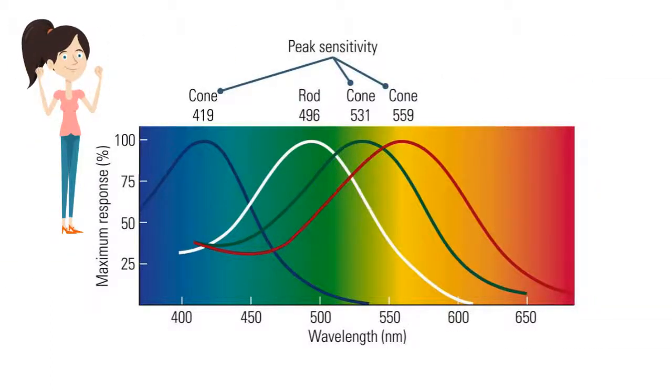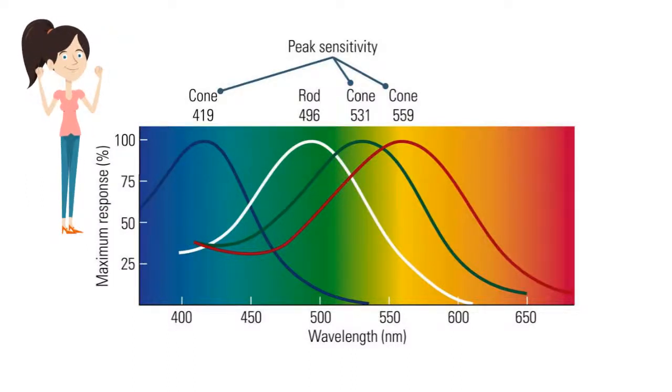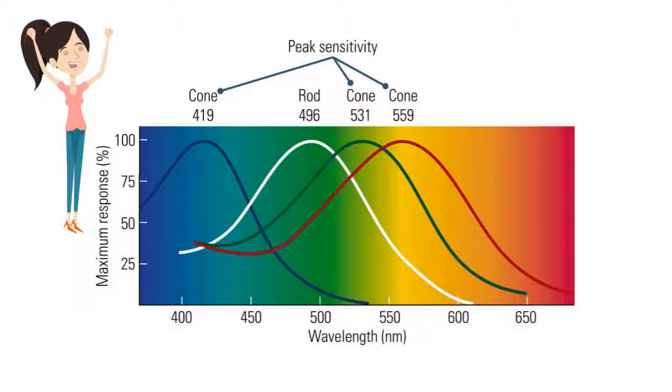There are three types of cones in the retina, and each of them is responsive to a different wavelength of light. These wavelengths correspond to what we perceive as blue, green, and red.